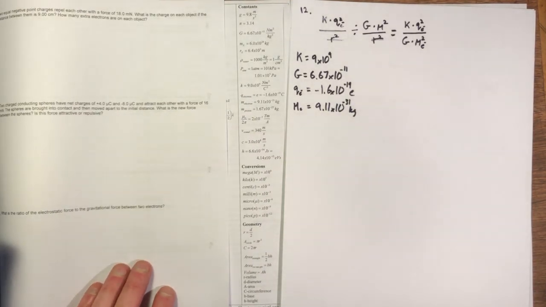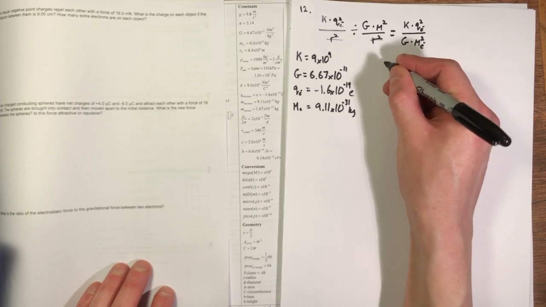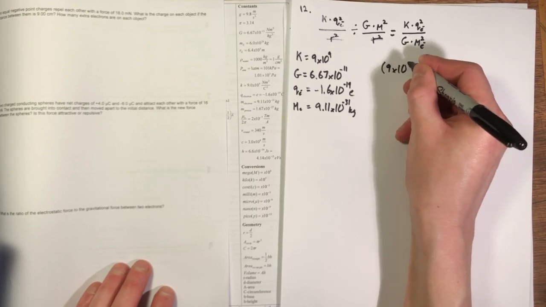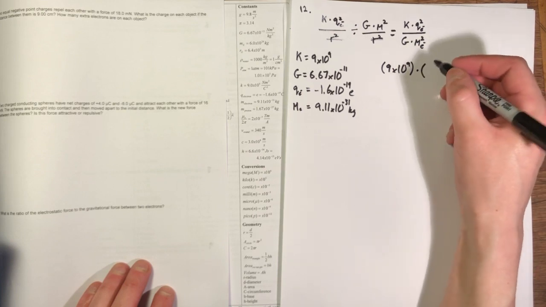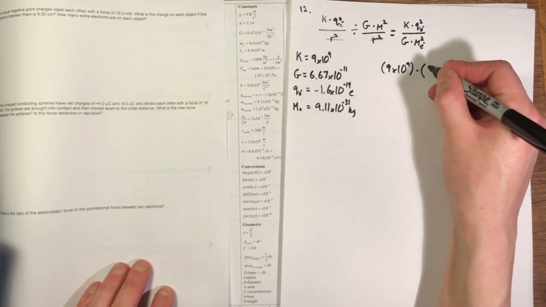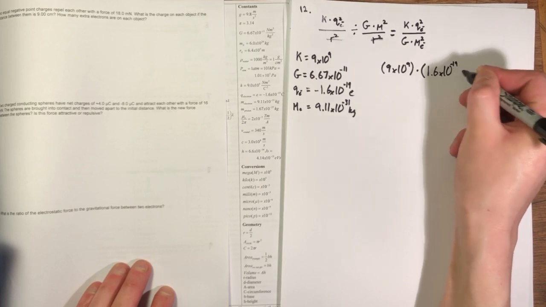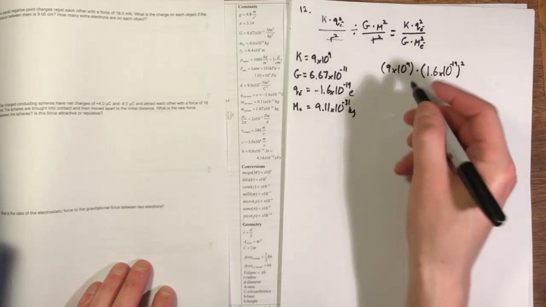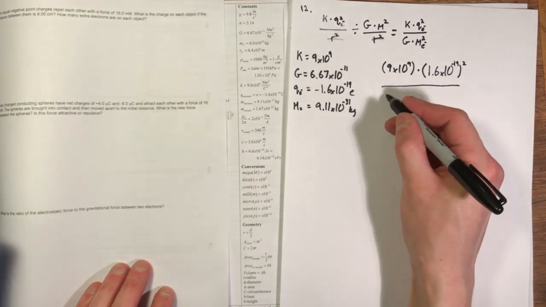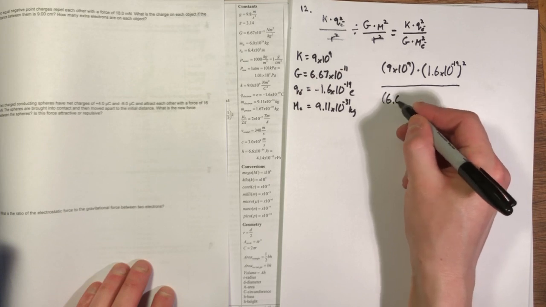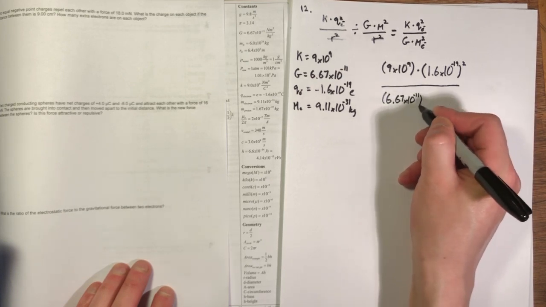And yeah, we're literally just putting this in. So it's going to be 9 times 10 to the 9th multiplied by 1.6 times 10 to the negative 19th, and we're going to square that. And 6.67 times 10 to the negative 11th.